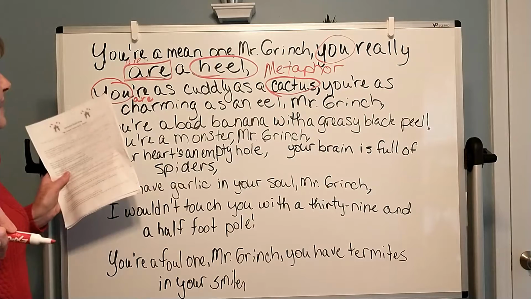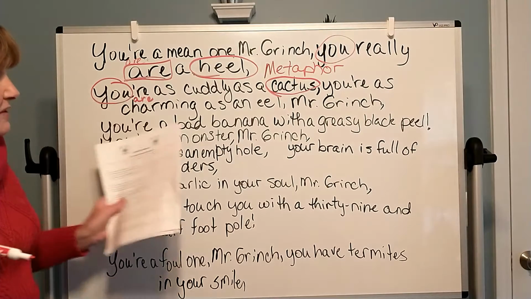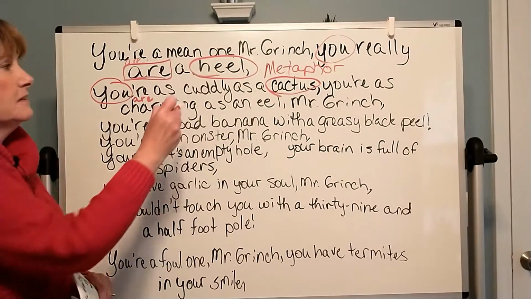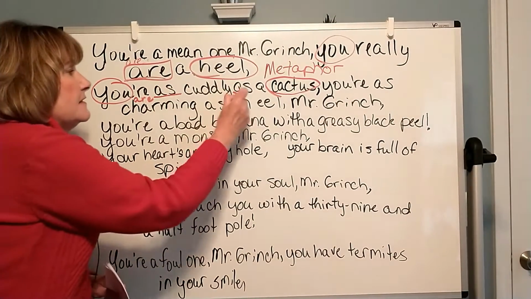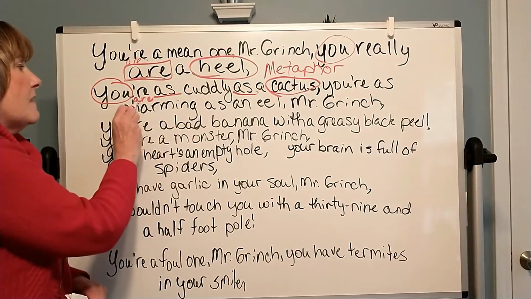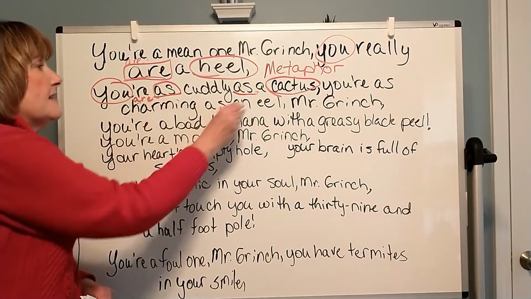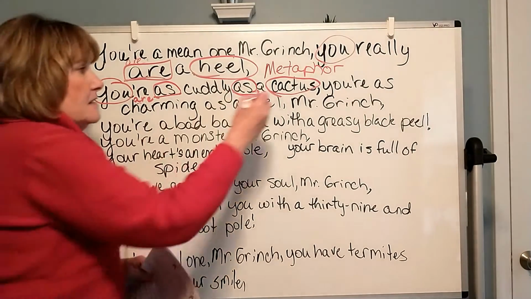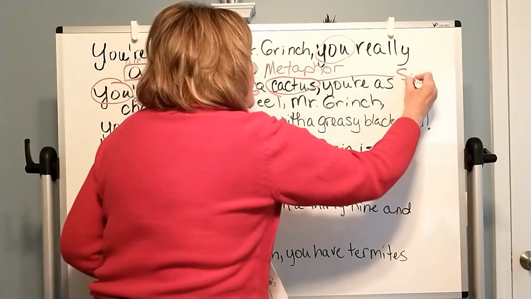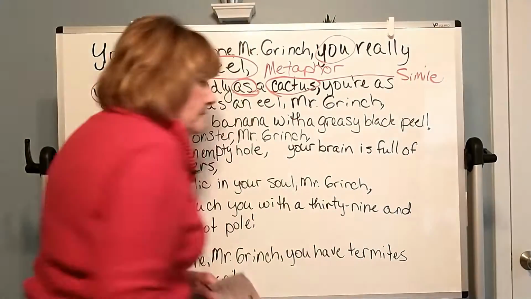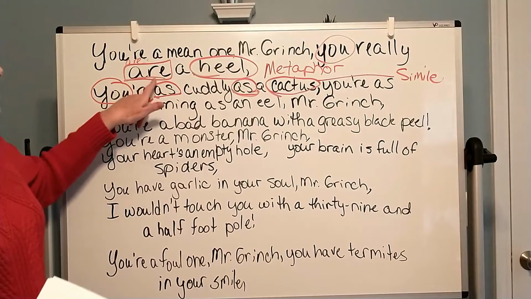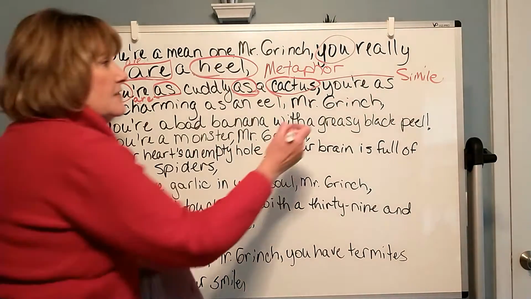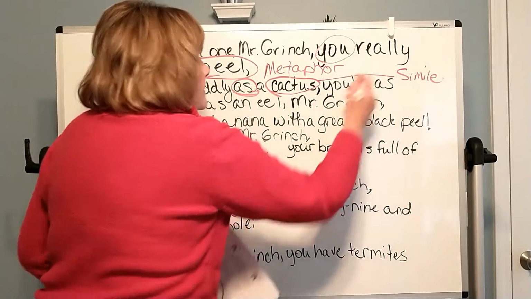So this time we have a comparison between two things, Mr. Grinch and a cactus, and what kind of clue words do we have in here? We have as. Okay? Now we do have the word are, but because we have as and as, that makes it a simile. In this one, all we had was are, and that made it a metaphor.